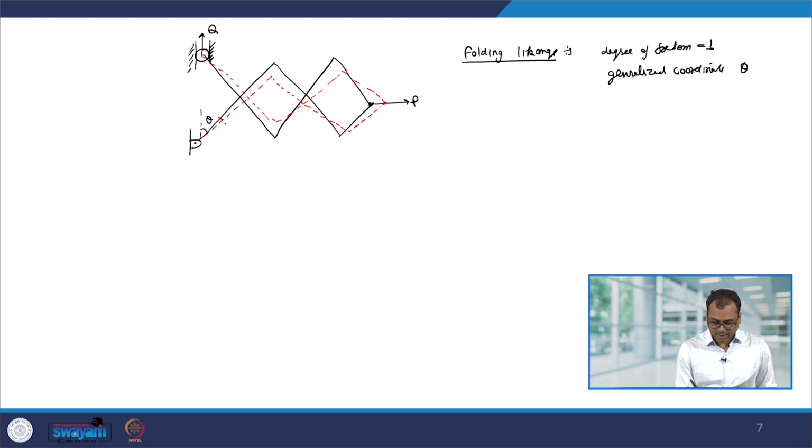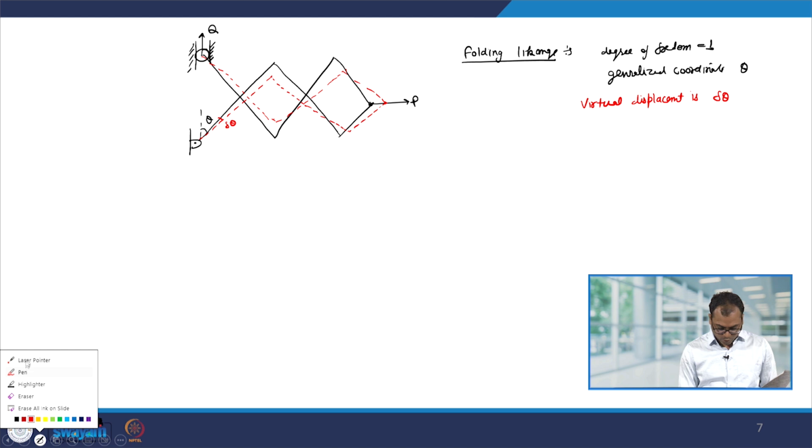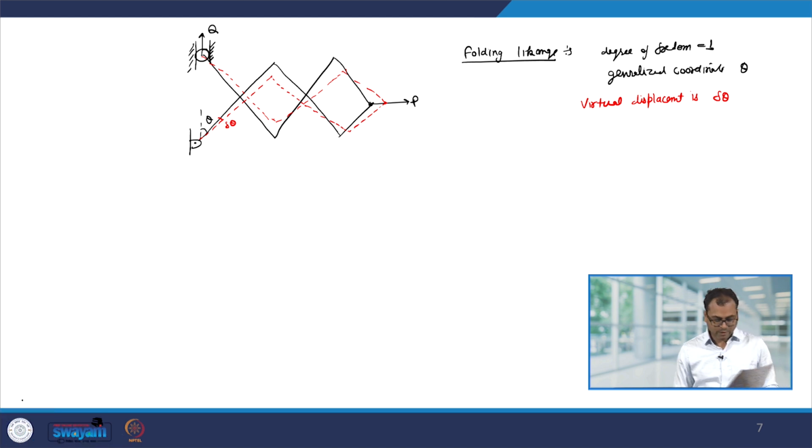Let us say this angle is delta theta. Note that I have respected whatever constraints were applied. Therefore, the virtual displacement is delta theta, and again if you want to write this in terms of x and y, since my generalized coordinate is theta, I have to write this x and y in terms of theta.